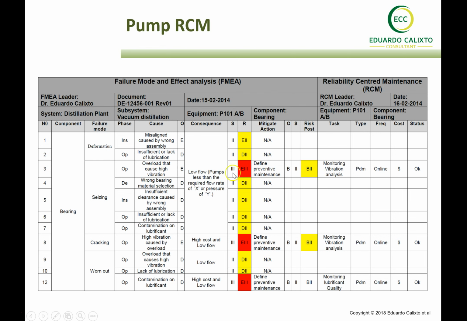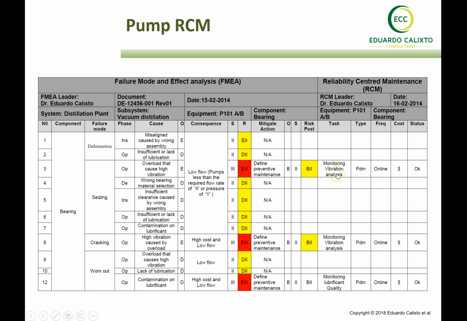failure modes here, for example, we can see the seizing that is triggered by high vibration, and during the FMEA the recommendation was to define preventive maintenance in order to mitigate the risk. During the RCM we discussed that, and for this specific case we decided that we need to have online vibration monitoring, or vibration analysis, as a predictive maintenance.